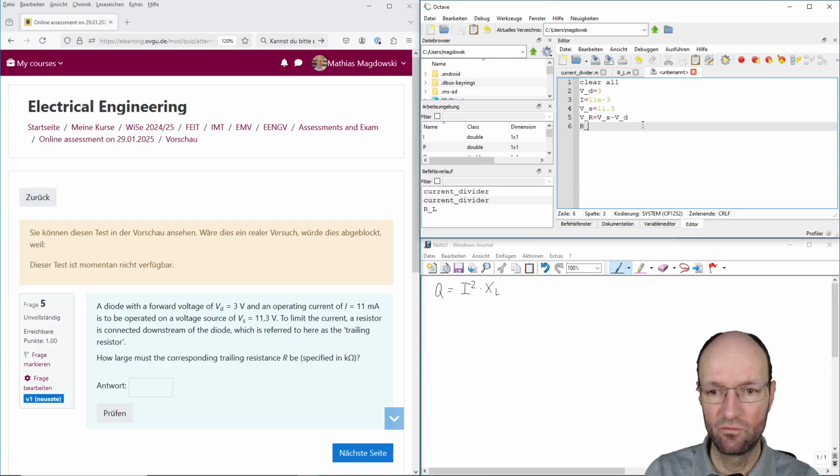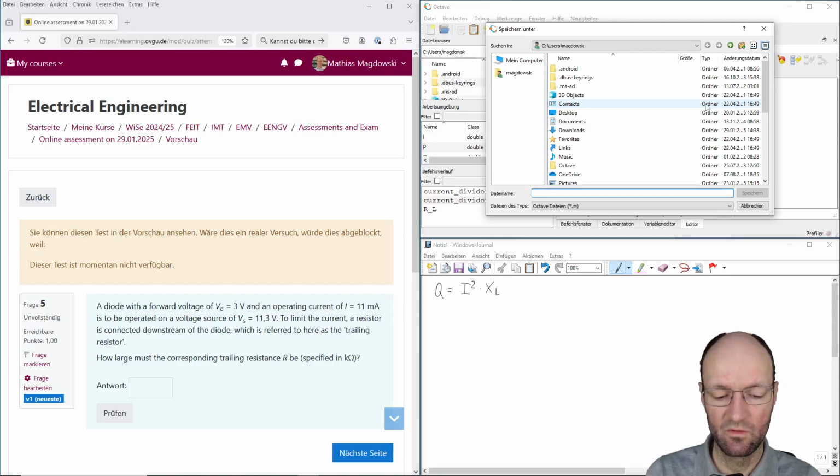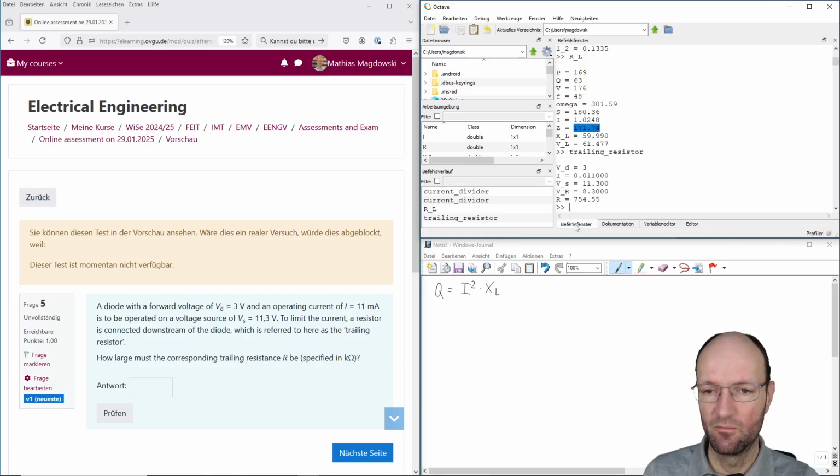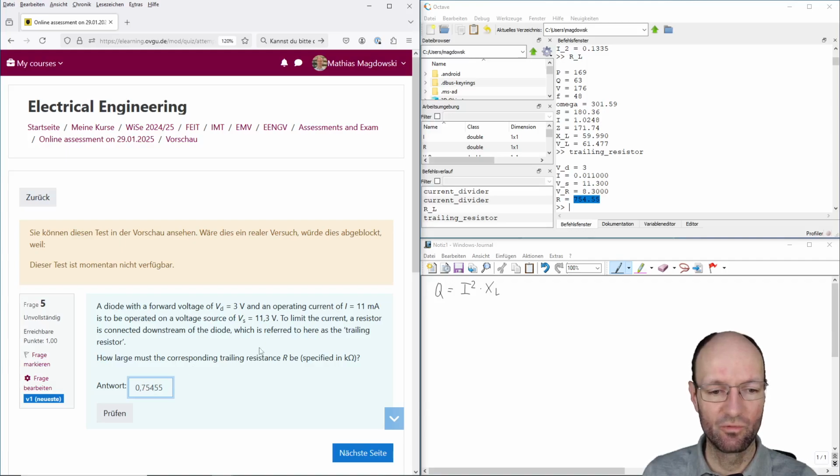And the resistor itself is then the voltage drop across the resistance divided by the current. So this is trailing resistor. Yeah, and this is the value, and this should be specified in kilo ohms. So I need to move the comma by 3 decimals, and that should be it.